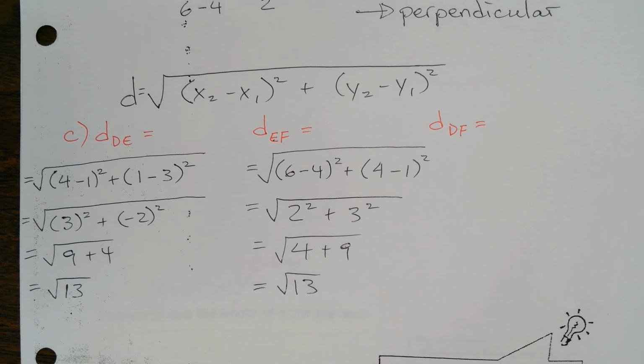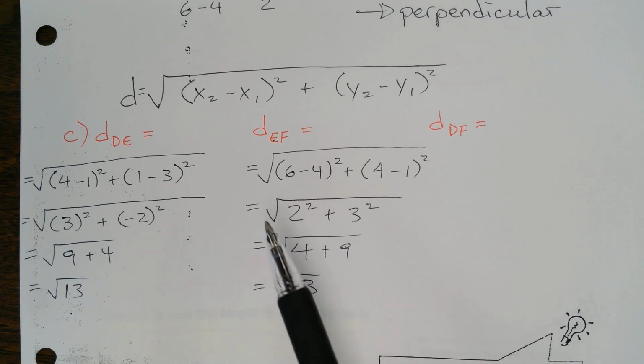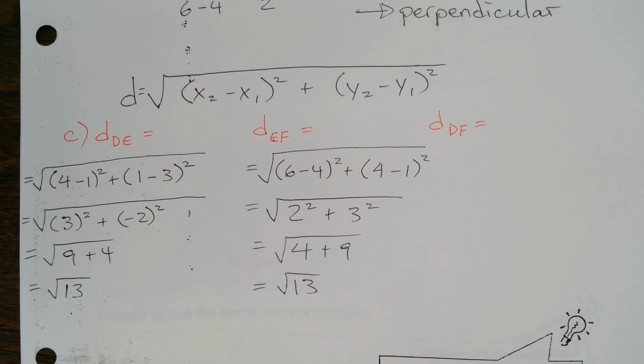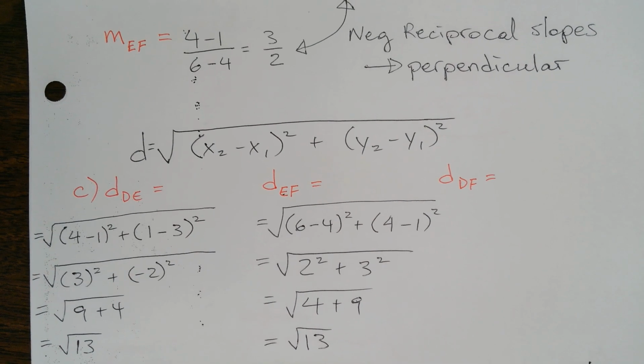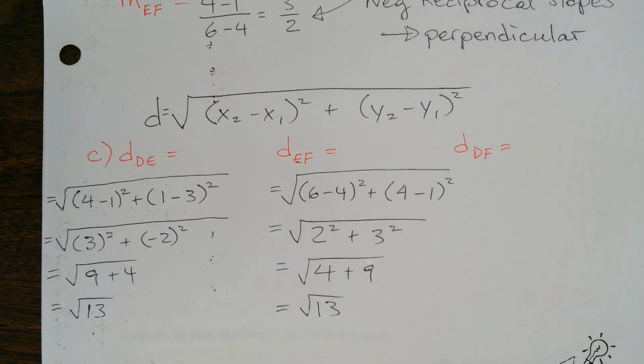Now, Ryan, how many times did you do the distance formula? Not even one. Okay. You didn't do the third one. Why? Okay. So how many of you guys did it all 3 times?